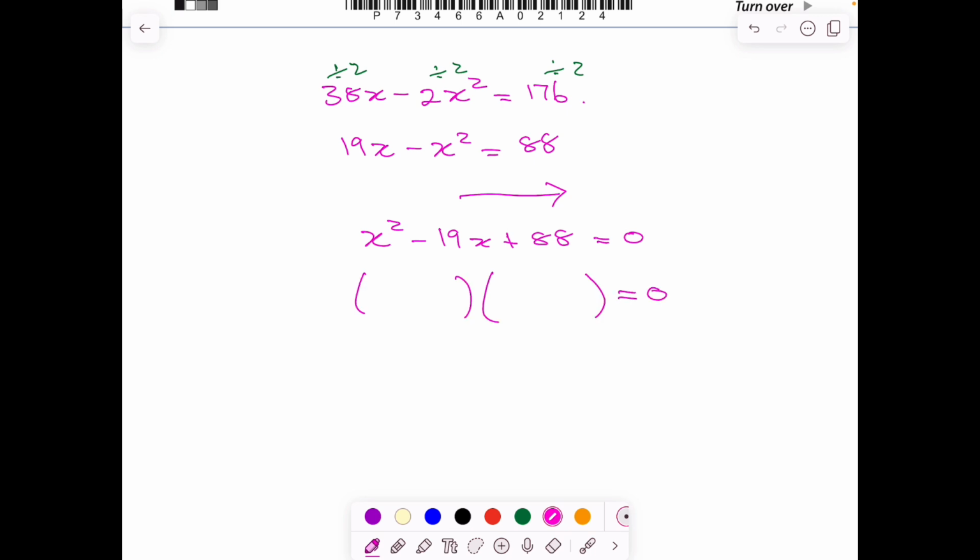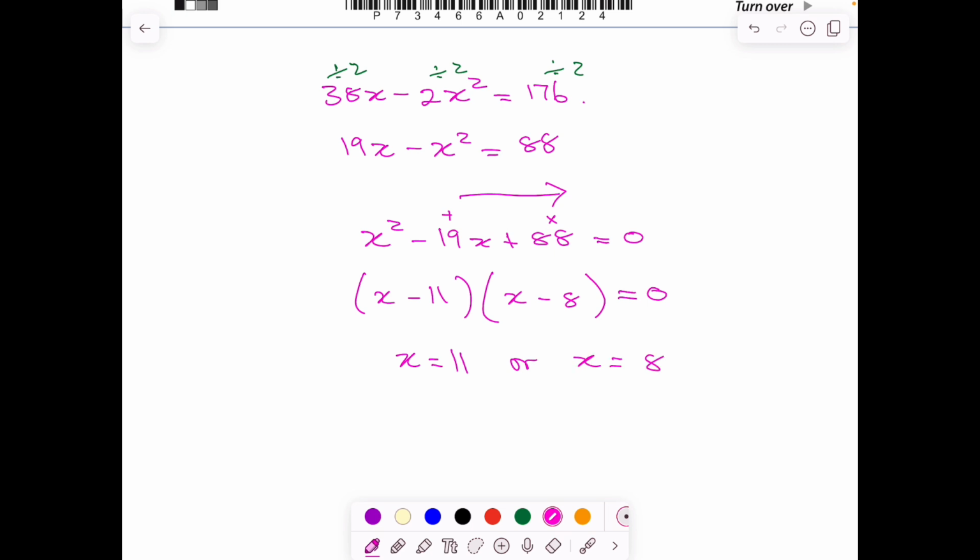If I can't factorise it, then don't worry, you can usually solve it by using the quadratic formula. But let's see, two numbers that multiply to make 88, but add to make minus 19. We've got 11 and 8, so x minus 11 and x minus 8. Okay, so now I've solved it. x equals 11 or x equals 8.